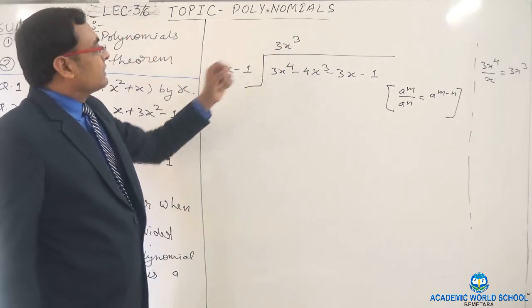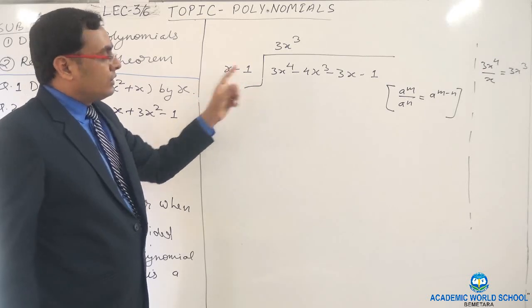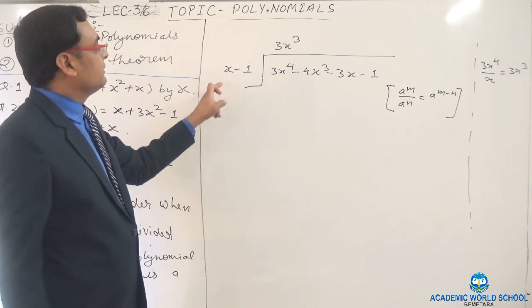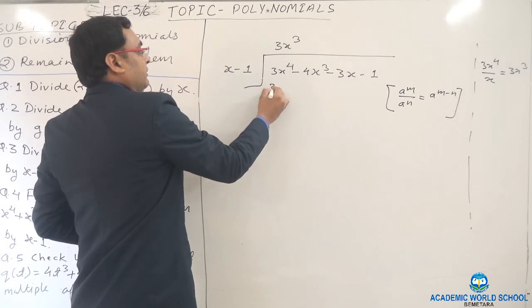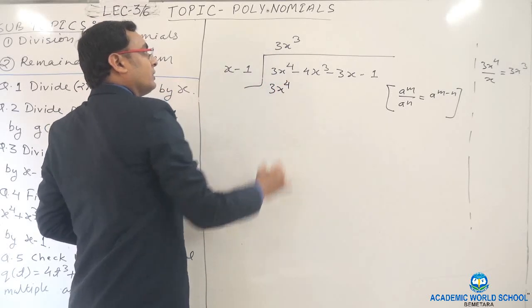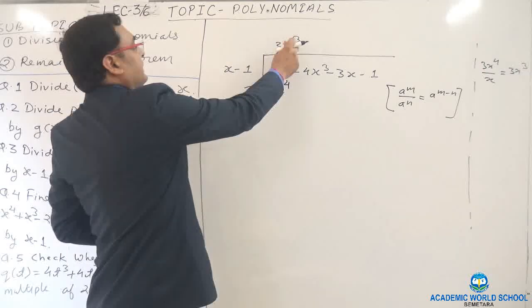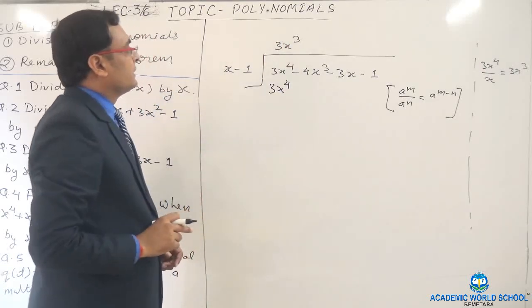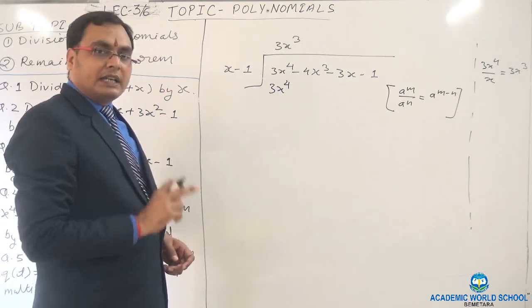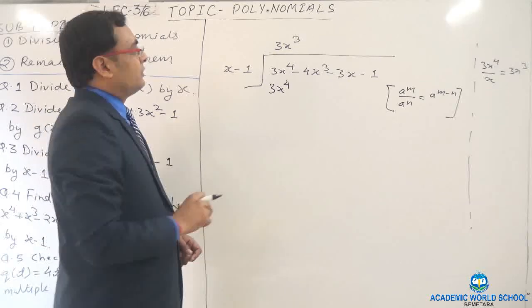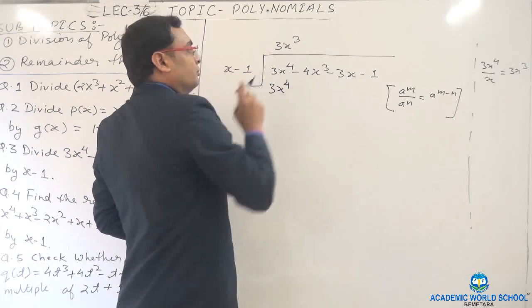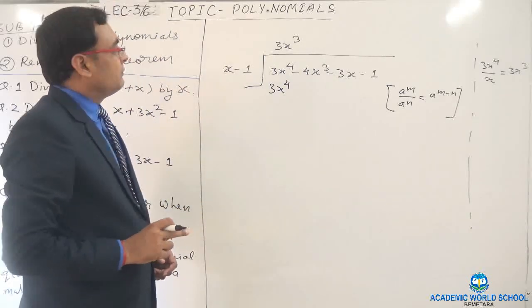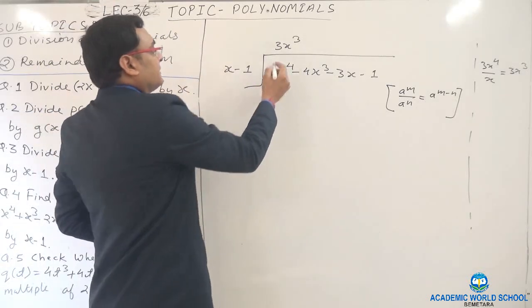Now multiply this quotient part with all the terms of the divisor. 3x to the power 3 into x will become 3x to the power 4. Multiply 3x cubed with minus 1, we will get minus 3x cubed. This is the term having cube as the power, so we will write it here.